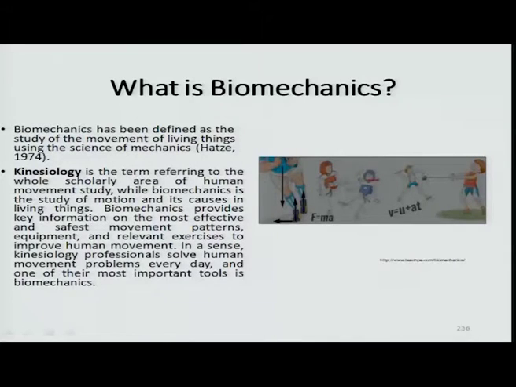So, what is biomechanics? If we look at the definition which came up way back in 1974 from Hay et al., it talks about biomechanics as the study of movement of living things using the science of mechanics.